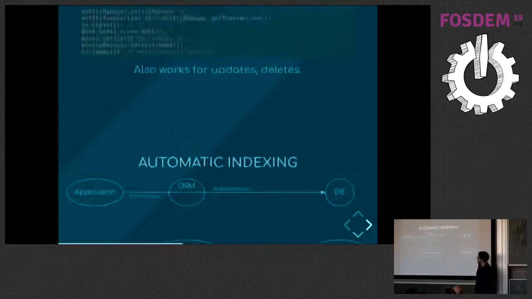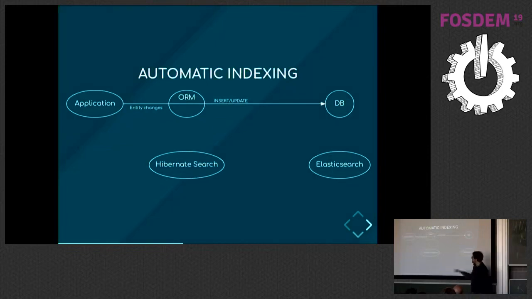How it works is that when your application asks the ORM to perform entity changes, the ORM will send inserts and updates to the database, but it will also publish change events, which are captured by Hibernate Search. And then when the ORM commits the transaction, there's a commit event, which Hibernate Search will also capture.